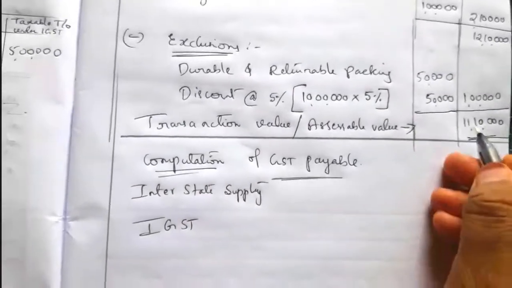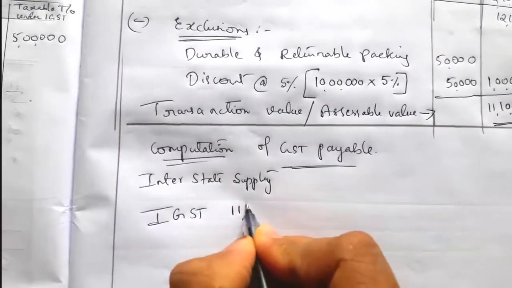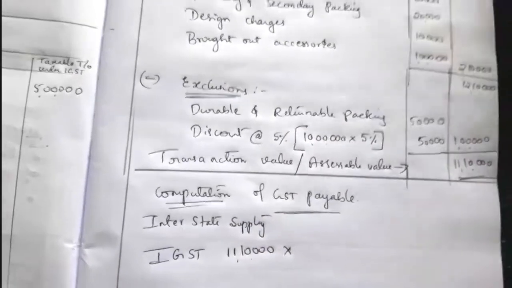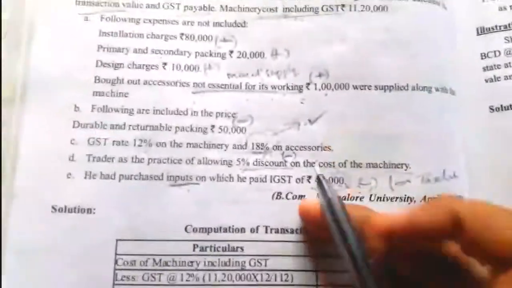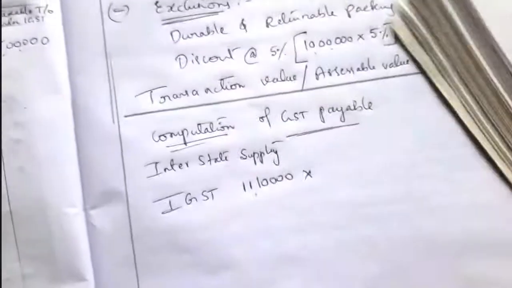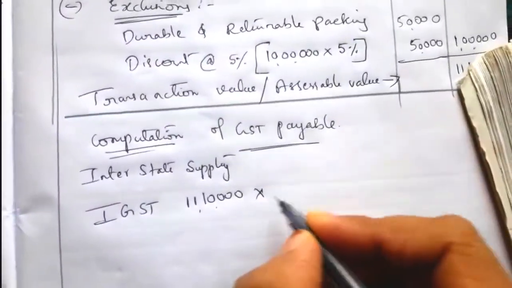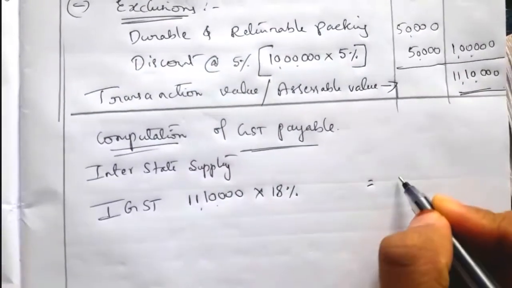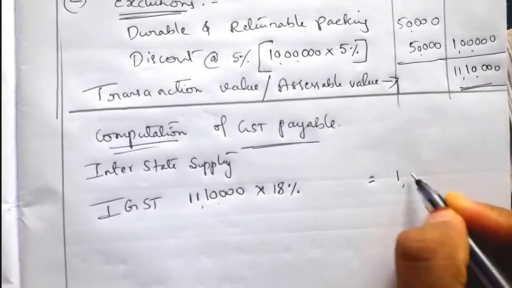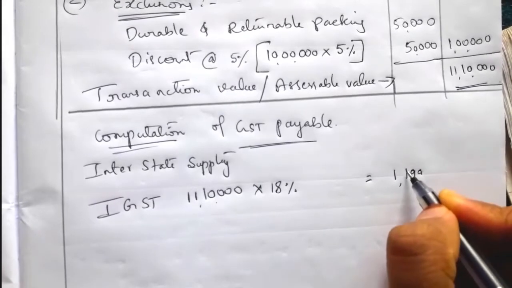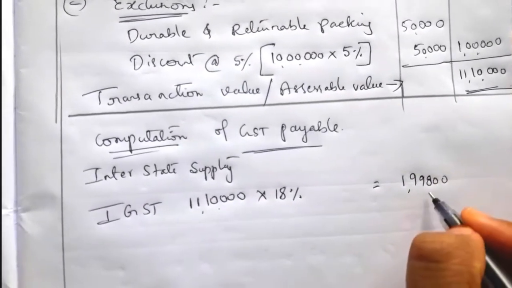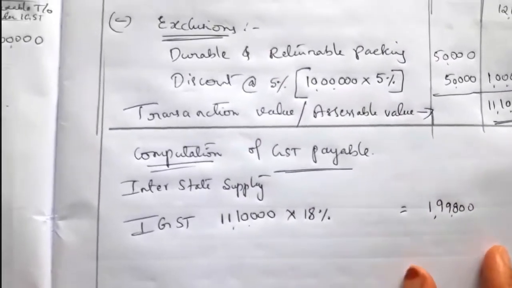IGST is calculated on the 11,10,000 supply. The tax rate applicable here is 18%, so 11,10,000 into 18% is equal to 1,99,800. This is the total GST payable.